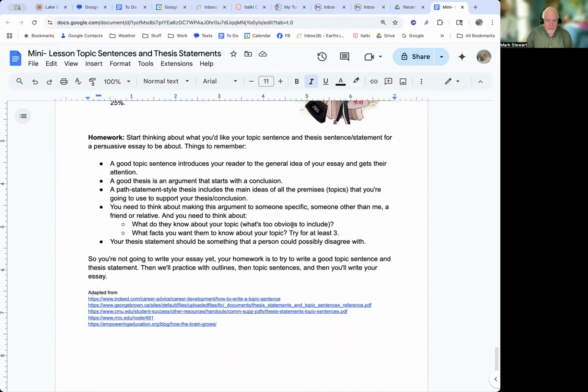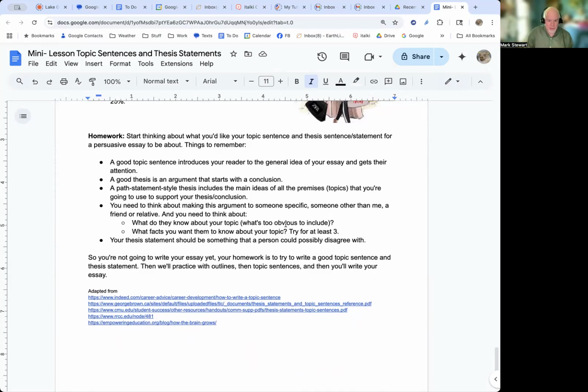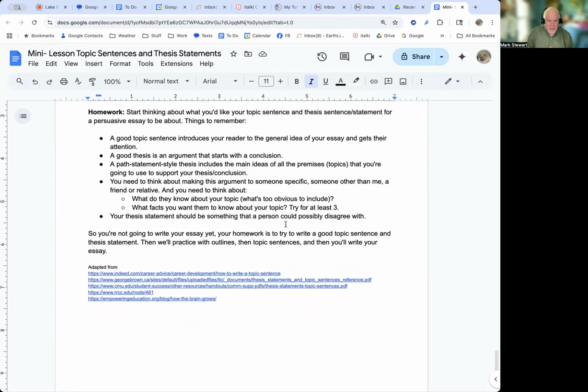You also need to think about making this argument to someone specific. Don't write for me, write for someone specific. Have somebody in mind. And then what do they already know? Okay, what do I need to explain? Right? Keep that in mind. Your argument needs to be something that you need to prove. Somebody could disagree with it. All right. So you're not writing an essay, you're writing an introductory paragraph.